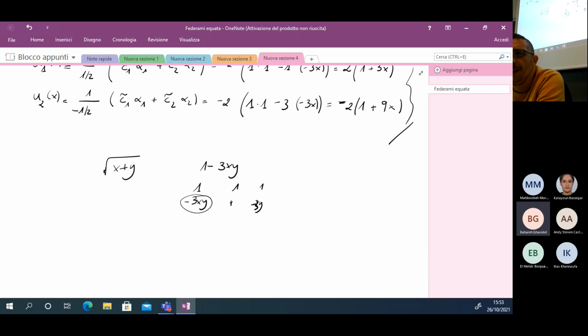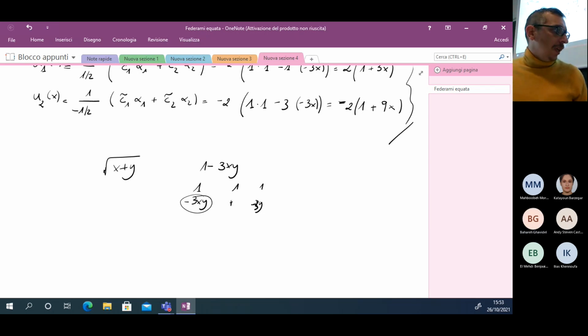I mean, you wrote in different ways. If I wrote in a different way, I should still arrive to the same solution, up to constant factors. Yeah.